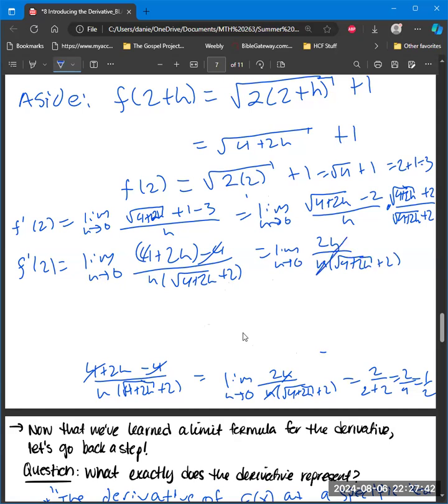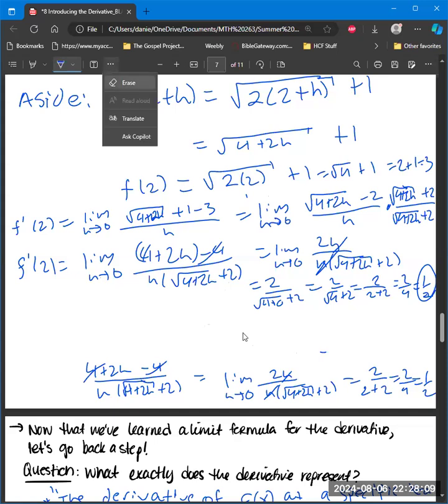The h's will cancel. That's going to give me 2 over root 4 plus 0 plus 2, which is 2 over root 4 plus 2, is 2 over 2 plus 2, is 2 over 4, is 1/2. And I need that 1/2 to answer my question here about the slope of the tangent line.